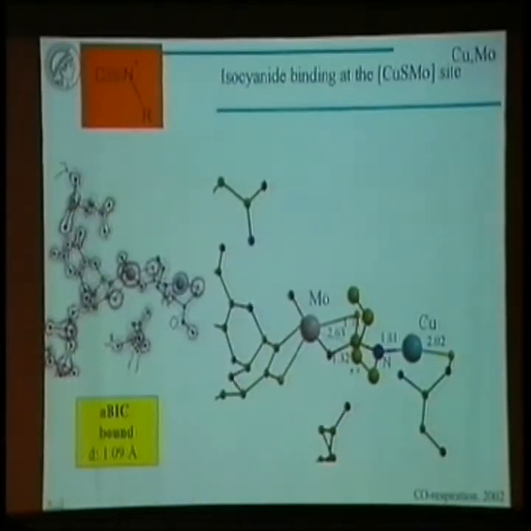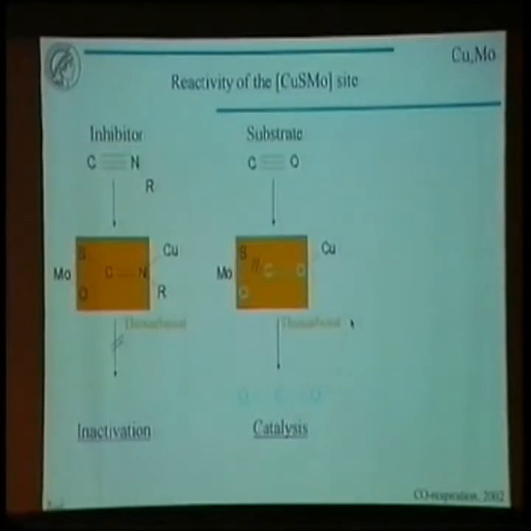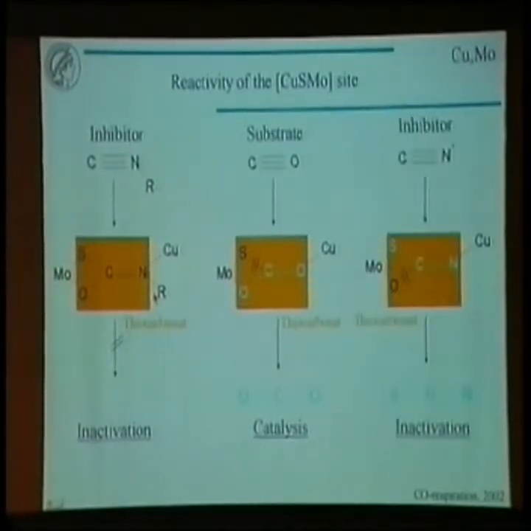And this is a strong bond formation between all the components, and this compound permanently inactivates the enzyme. So it binds like this. But we can take that as a model for the binding of the substrate.